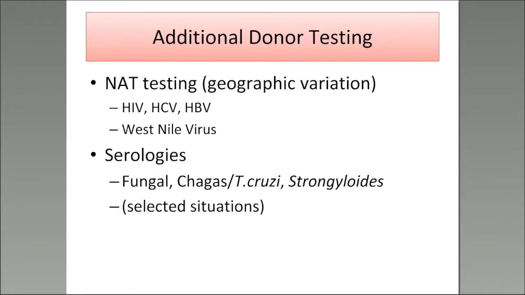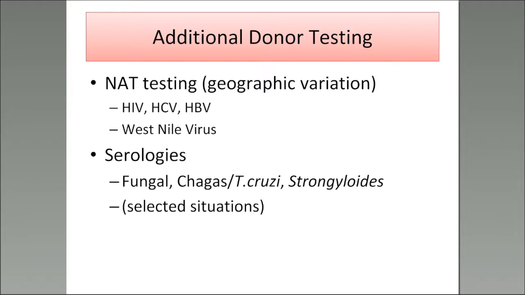We also commonly do NAT testing, so nucleic acid amplification testing, and this is variable in Canada, especially depending on where you live. But you can do HIV, Hep C, or HIV, Hep C, and Hep B altogether. Some programs will do West Nile testing during the summer months.